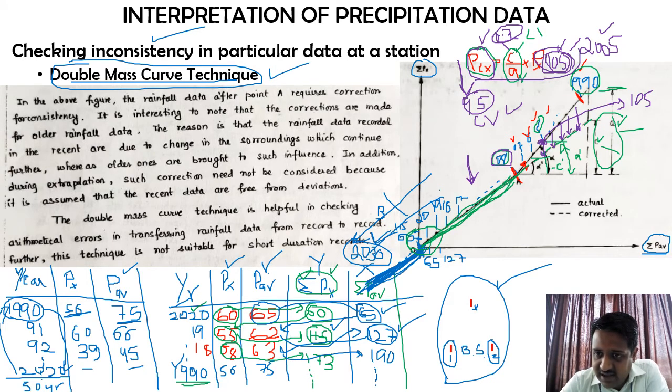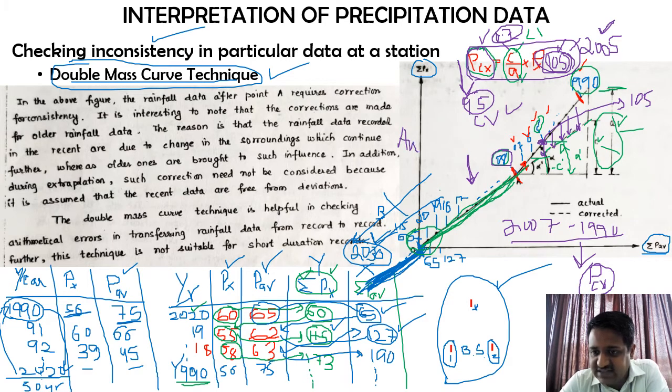So this PCX, the calculation I have just shown you for the example of 2005, you need to do it from 2007 till 1990. For these set of years, you will get the new value of Px. That itself we call PCX. Based on that, you are going to calculate the average rainfall over the entire time period of 30 years, that is from 1990 till 2020.